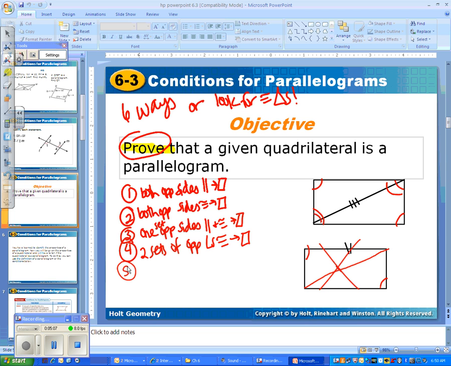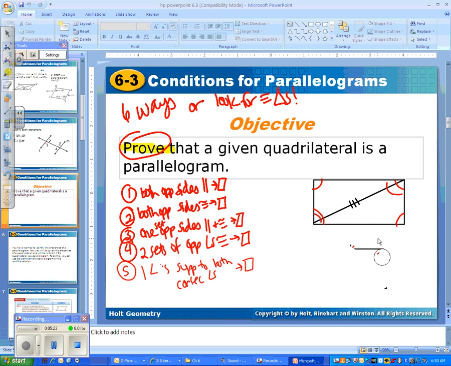The fifth way is if we know one angle is supplementary to both consecutive angles, then it'll be a parallelogram. So what that means is, if I know that this is 80 degrees right here, and this is 80 degrees, cool, we have one set of opposite congruent angles.